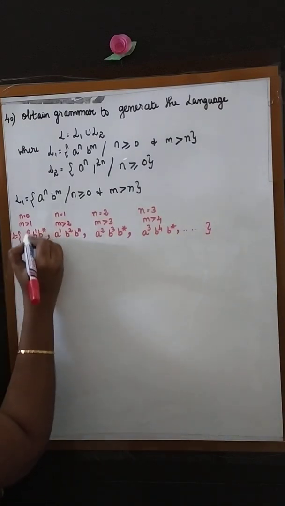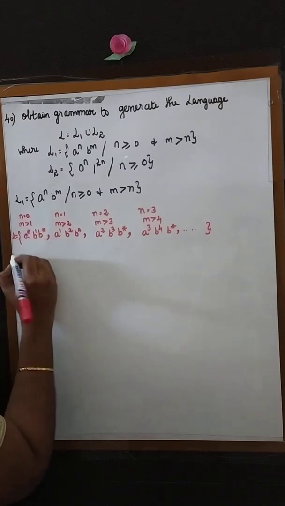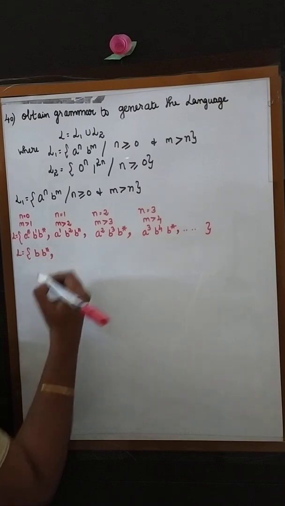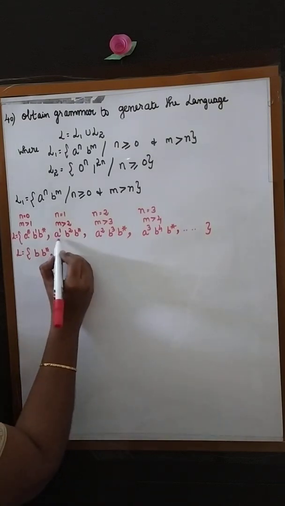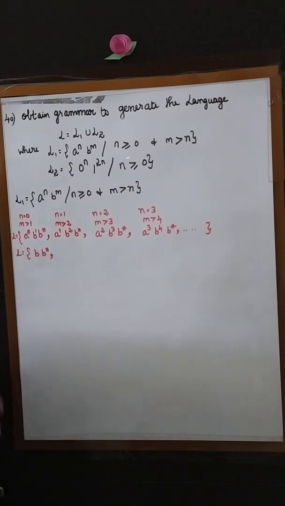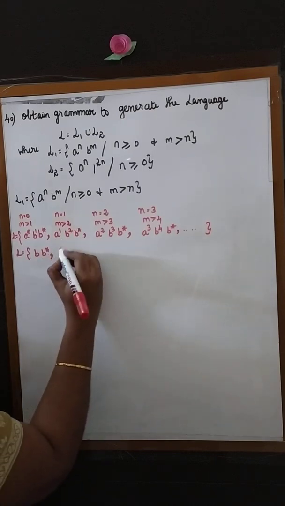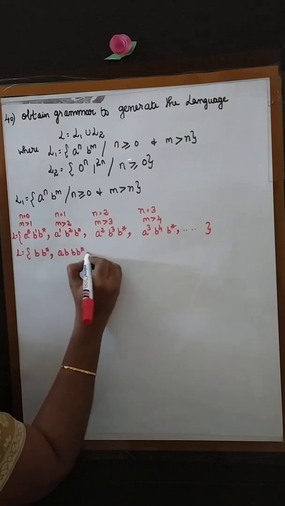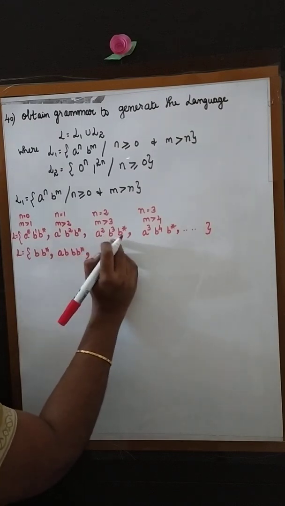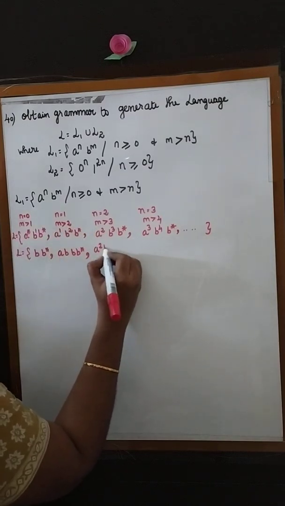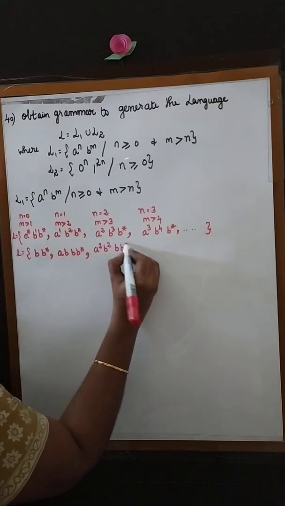Now I have to reduce it. Since it is a to the power of 0, it will not be there, so I will have b star. Here you have to see the lowest number, and the lowest number of a is 1. So here also I have to split it up. Here I have a square and b cube; you have to split it up to the lowest, a square, b square, and then b star.